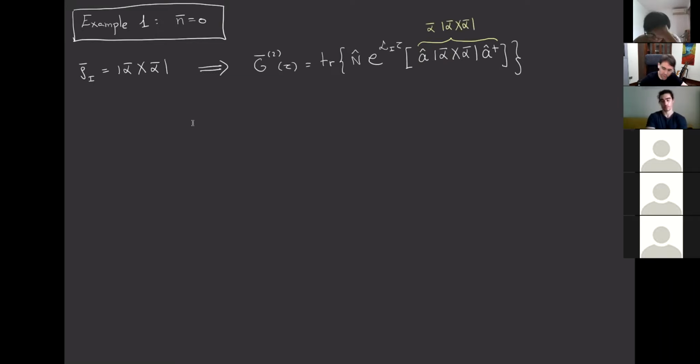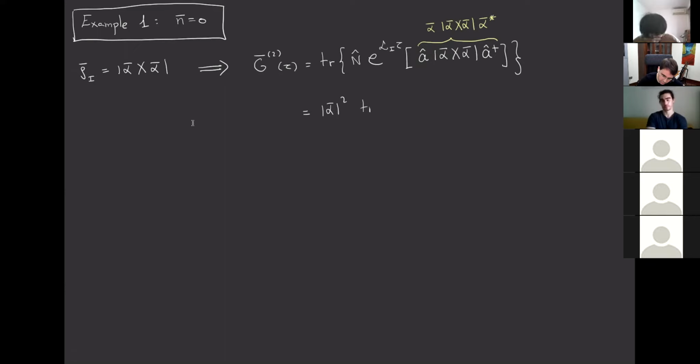And then when you have the A dagger operator, the creation operator, acting from the right onto the bra alpha, we get alpha star. Okay? Very simple. So then what we get in here is absolute value of alpha squared.